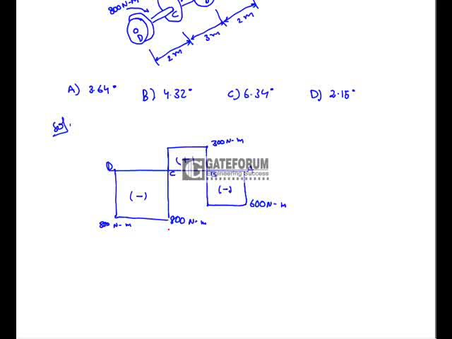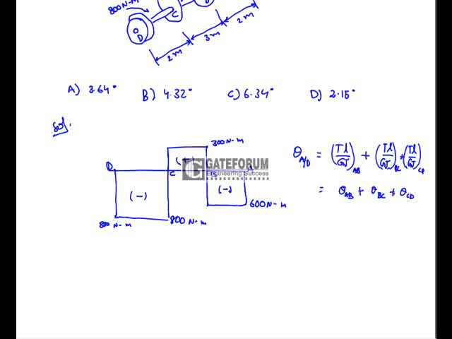Now we will have to find the angle of twist between A and D, given by TL by GJ of AB plus TL by GJ of BC plus TL by GJ of CD. That is the total angle of twist, theta AB plus theta BC plus theta CD.